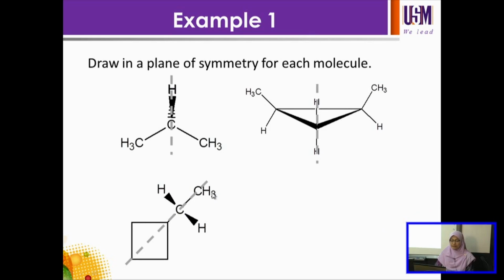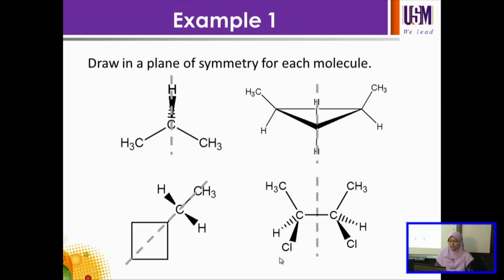Then you will see, even when we take out these 3 hydrogens, that when you place this plane of symmetry here, your left and right images are the same. For structure number 3, you can simply place the plane of symmetry in the middle of the molecule, and then you will see that your left and your right are mirror images.